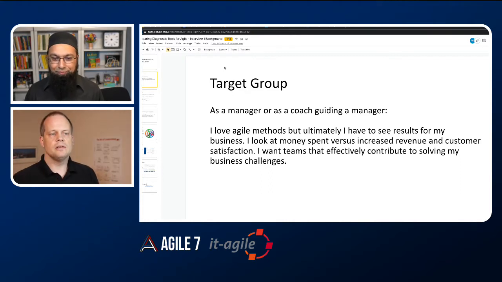Absolutely. So as a manager, I want the teams to effectively contribute to solving my business challenges with the best agile techniques that are working for that particular business. Absolutely. And the thing I will add, what really resonates with me, is the idea of investment, right?